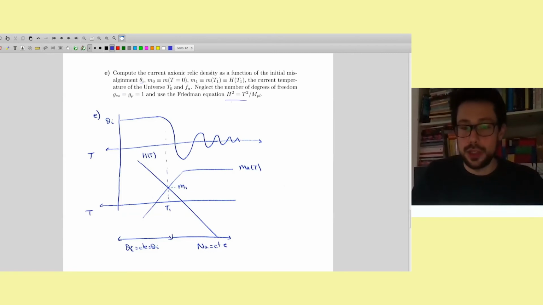That is this one, in which we have already applied that the number of degrees of freedom is equal to 1. Okay, so as we have already commented, we know that then the qualitative evolution of the axion will be that at early times here, so here I'm plotting as a function of temperature, but this means that time evolves in this direction.